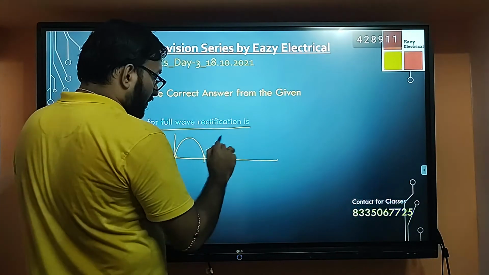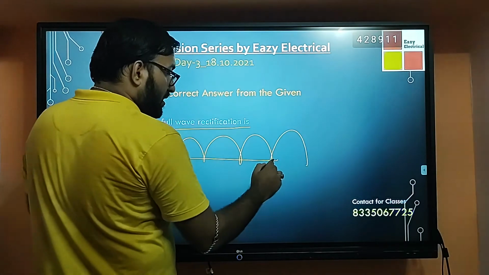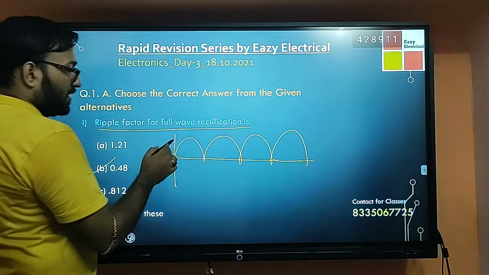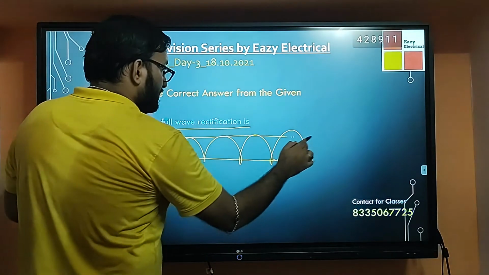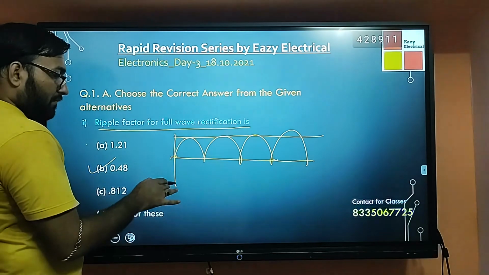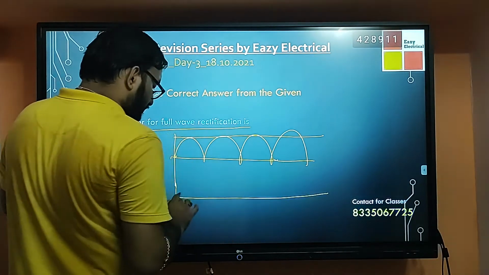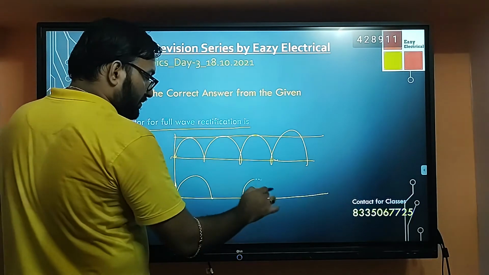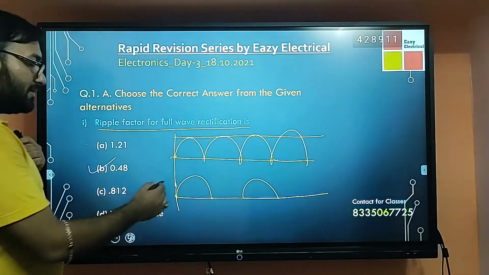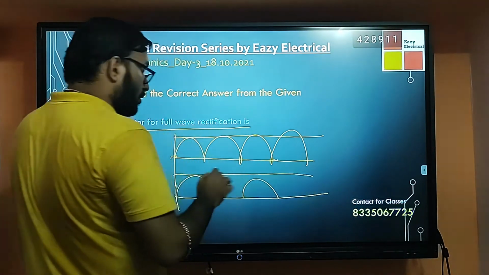See, just by a simple understanding you can get it. Suppose this is the waveform of the full wave rectifier output. Here you can see the ripple, meaning whatever the variations from the DC value. Suppose this is the DC value, and whatever the variation or changes there are. If you consider a half wave rectifier, in that case the variation is much more.